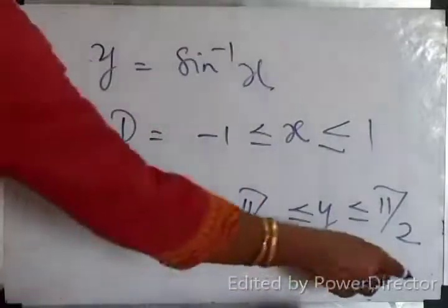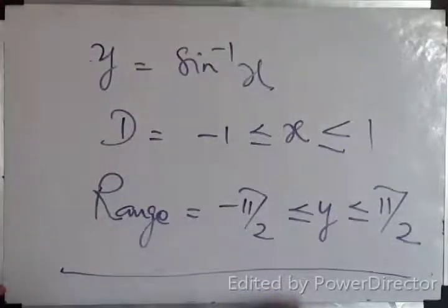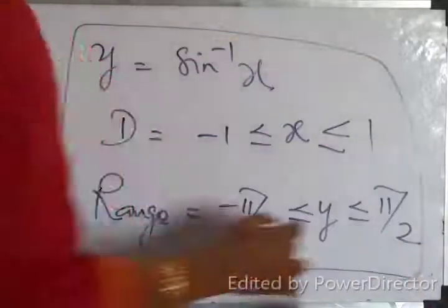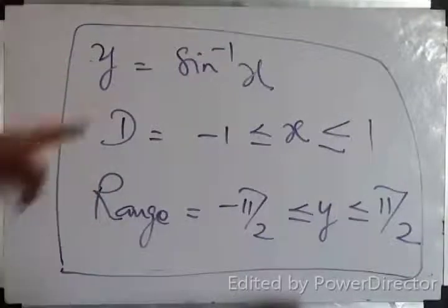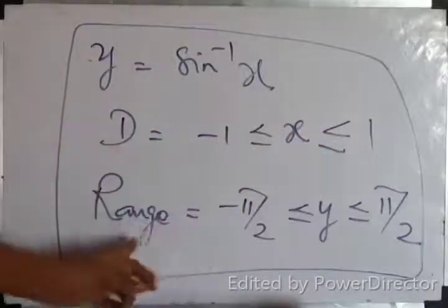This is the restricted value, or you can say principal values of inverse trigonometric functions. For sine inverse x, domain is minus 1 to 1, range is minus pi by 2 to pi by 2.